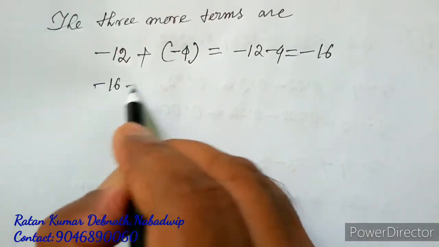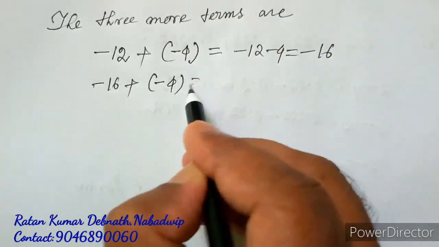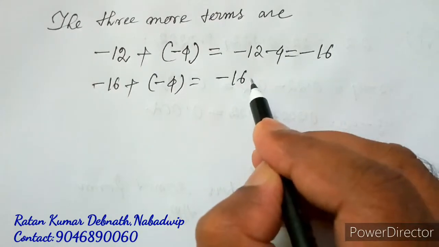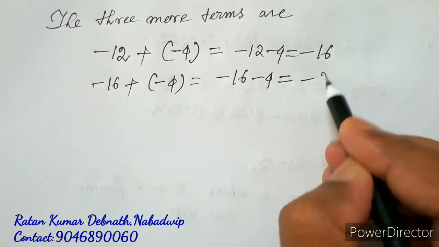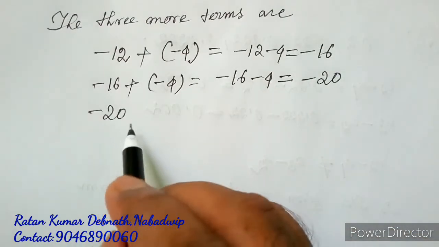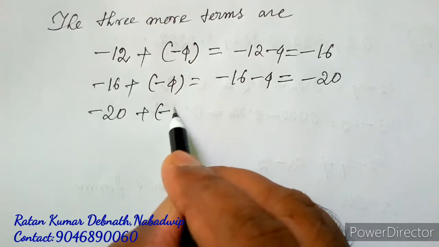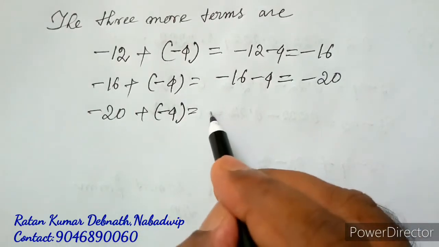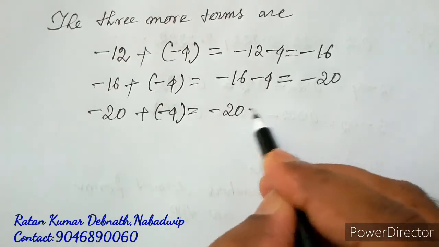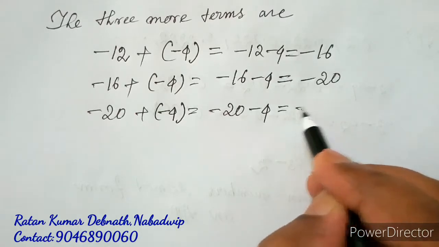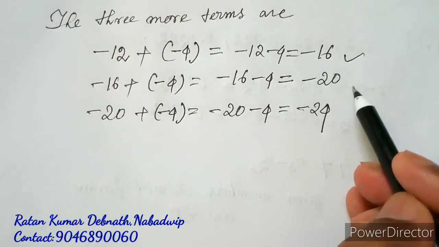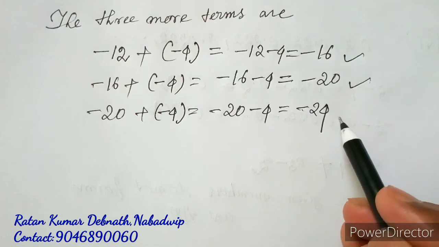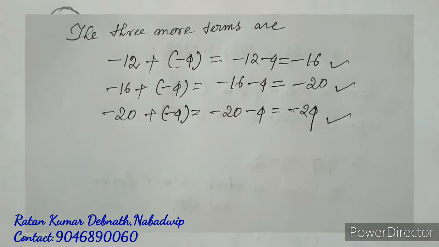Next, minus 16 plus of minus 4 results in minus 16 minus 4, minus 20. Minus 20 plus of minus 4 implies minus 20 minus 4 equals minus 24. So the next 3 terms are minus 16, minus 20 and minus 24.